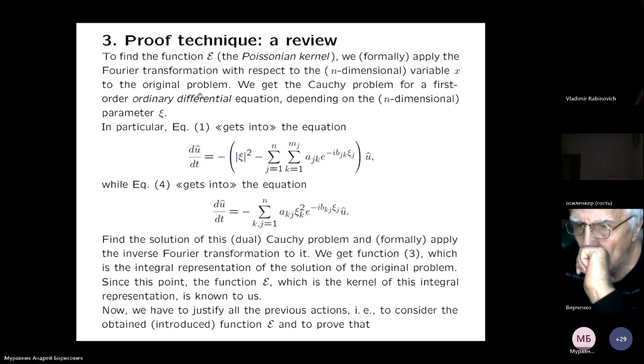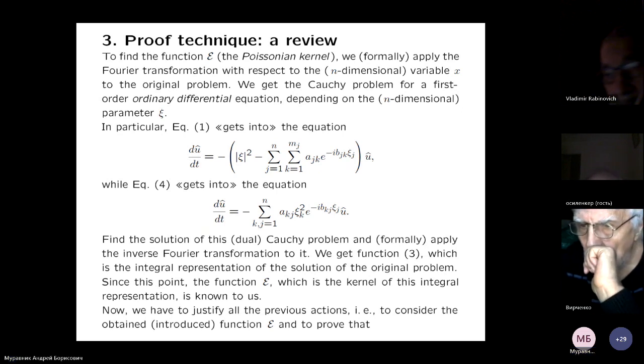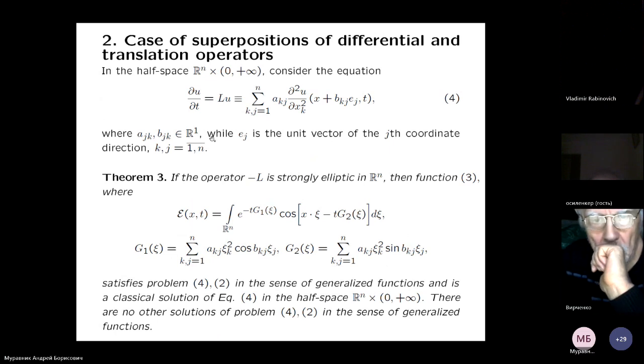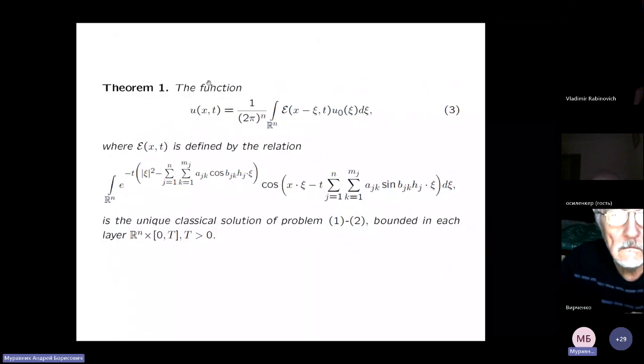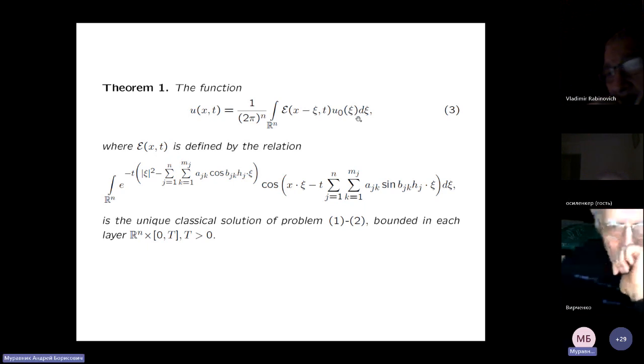Well, to prove the solvability theorems, we can just take this integral, prove that it is well defined, prove that differentiating inside the integral is legitimate, and substitute it into the equation.